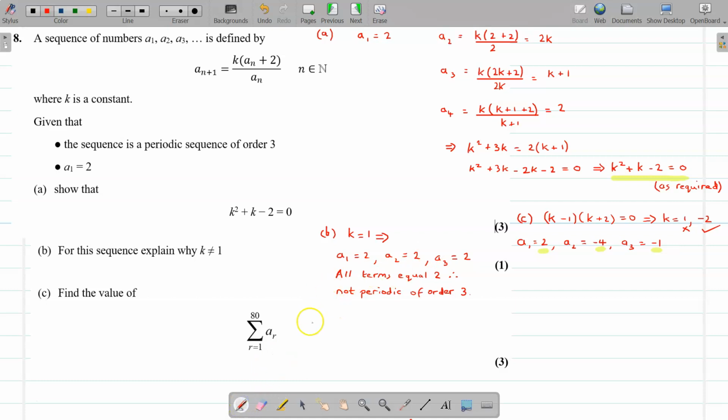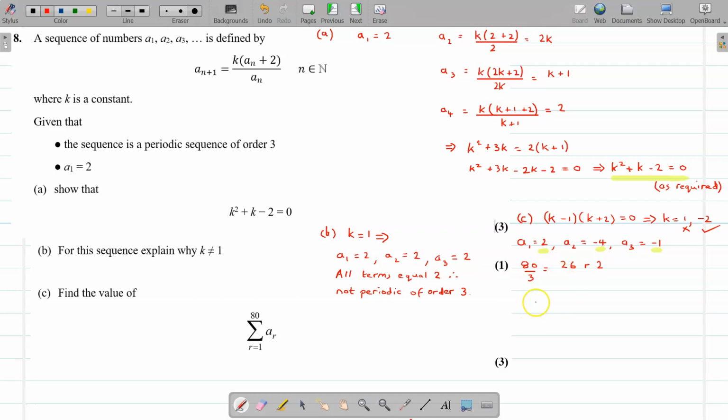Now I'm going to say that if I do 80 divided by 3, how many groups of those 3 numbers can I get into the 80? So 80 divided by 3 gives me 26 with a remainder of 2 terms. That will take me up to the 78th term, you see.